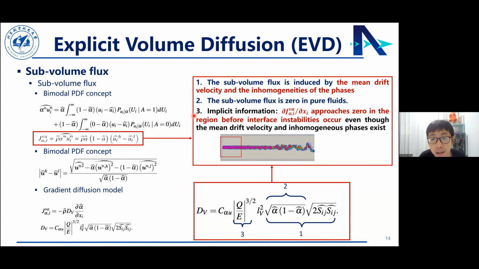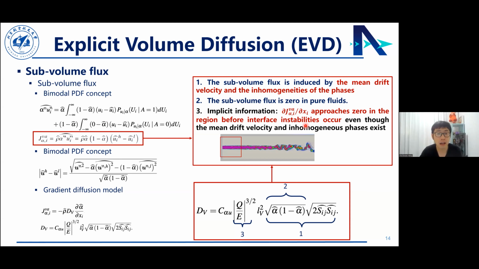And another implicit piece of information: if we do a mathematical calculation of this term, we can find it approaches 0 in the region before interface instabilities occur, or before the curvature occurs, even though the mean drift velocity and the inhomogeneous phases exist. So that means the sub-volume flux is also related to the coherent structure of the interface.